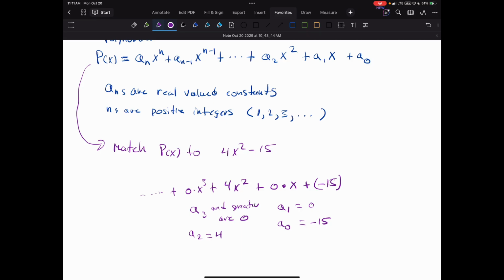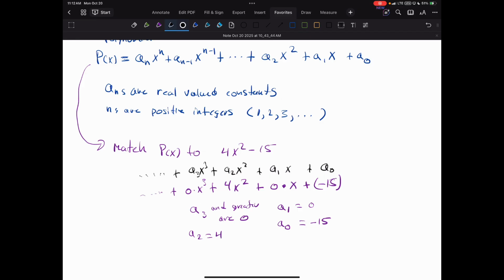If I've got that 4x squared there, that's my a0. That's my a1, x to the 1. That's my a2, x to the 2. That's my a3, x cubed, plus dot, dot, dot, larger. Well, since this term doesn't exist, the a3 is 0. Since this term does exist, then I have to match up and find out what the constant is.